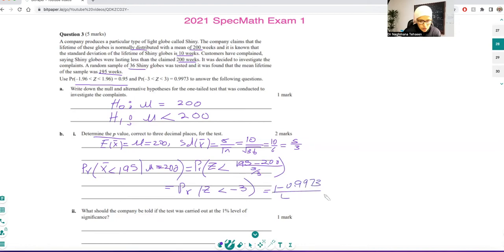0.9973, divided by 2, which would be equal to... I need to just work that out.